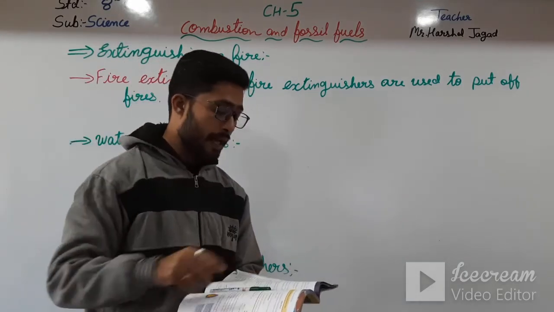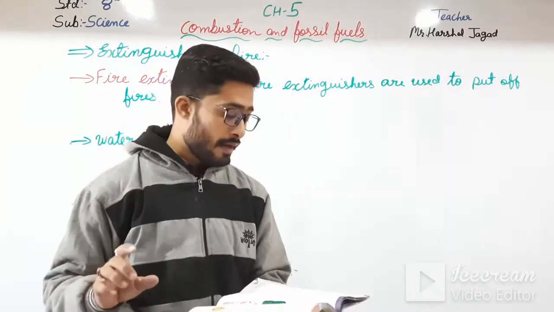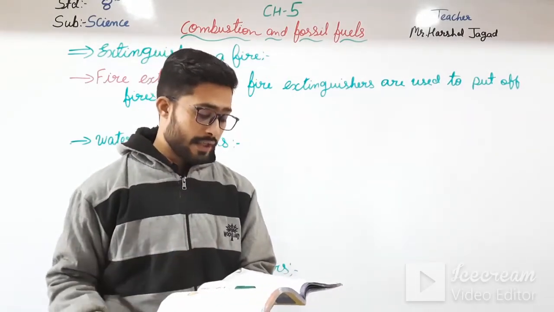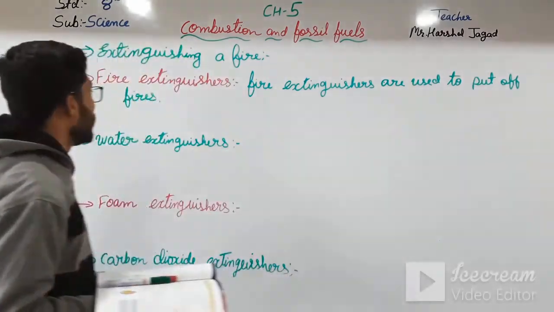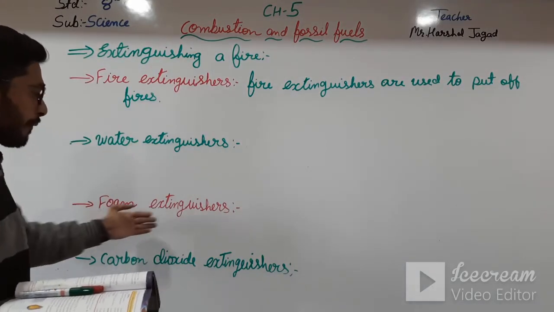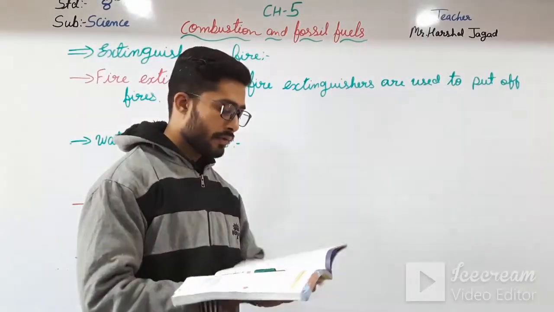There are different types of extinguishers used for different kinds of fire, and three main types are discussed below. In the fire extinguisher there are three types: water extinguisher, foam extinguisher, and carbon dioxide extinguisher. So let us see them one by one.